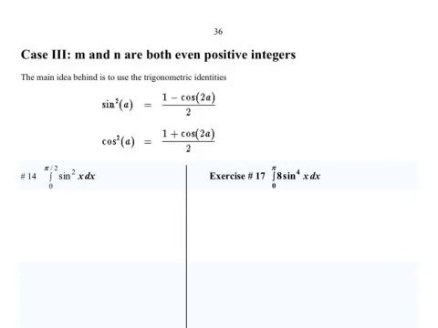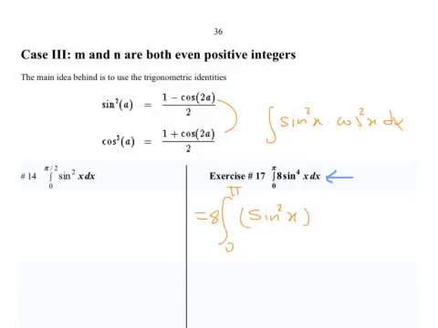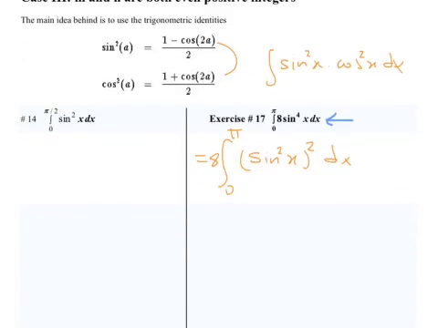Another example for the even powers is sine to the power of 4. The technique I'm going to use now can also be used to integrate sine square cosine square. Both powers have to be reduced using these identities. So here we are going to say 0 to pi, let's keep the 8 out. Sine 4 can be written as sine square x squared, or sine square times sine square.